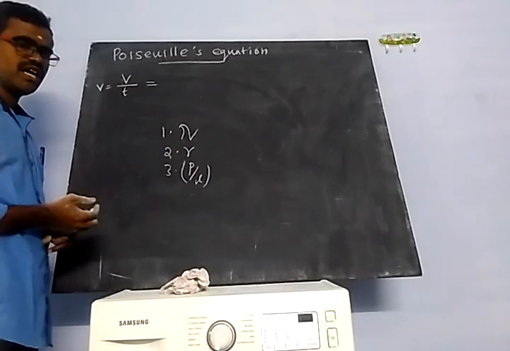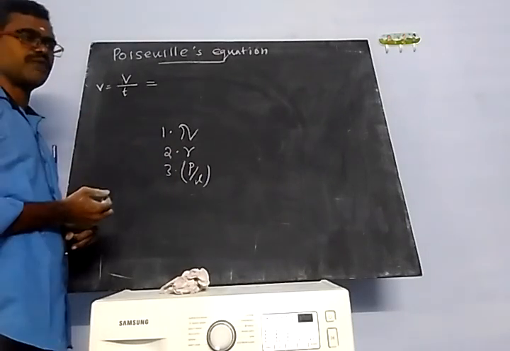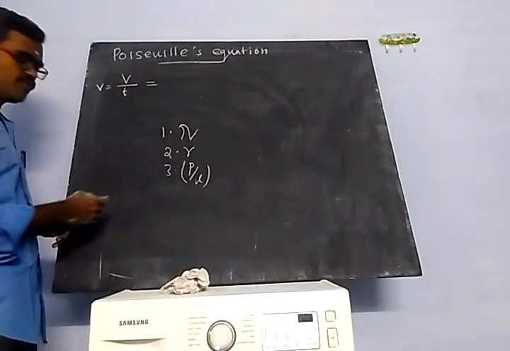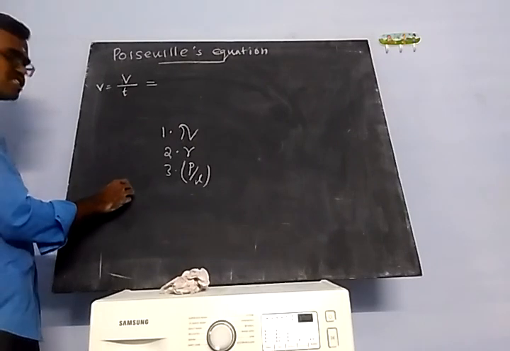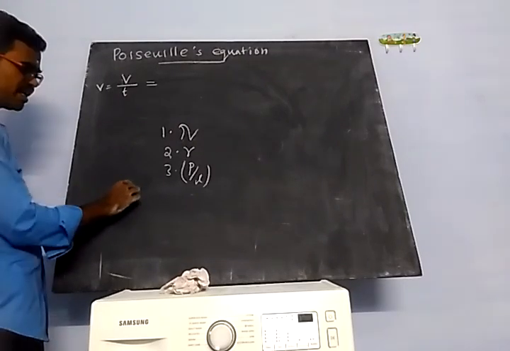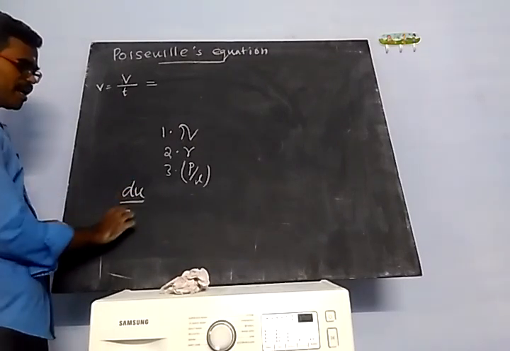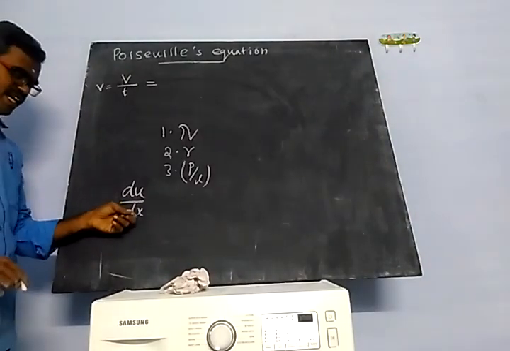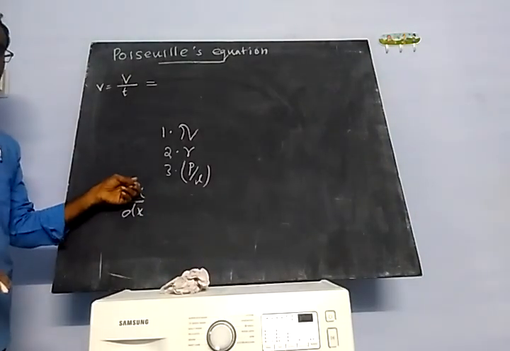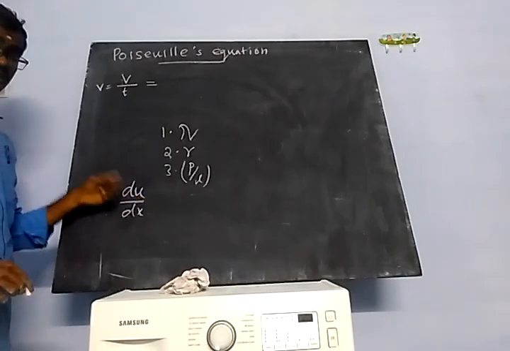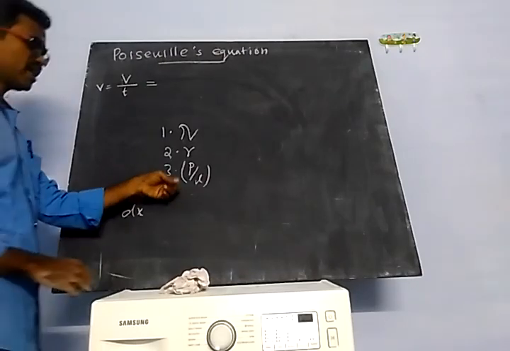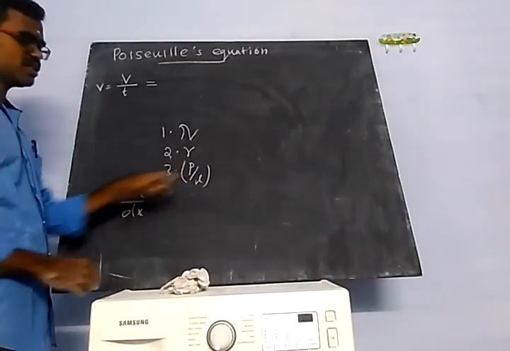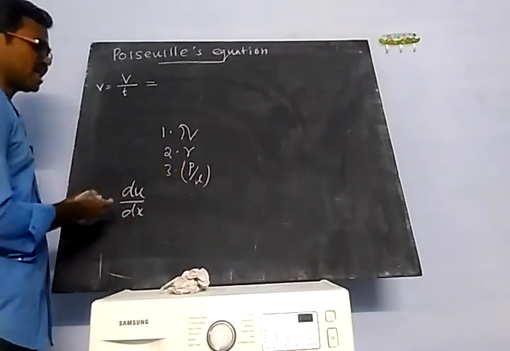Already we discussed in the fourth chapter the potential energy gradient, that means dU by dx. In unit length, how much potential energy is stored, that is called the potential energy gradient. Here, pressure gradient means pressure per unit length.